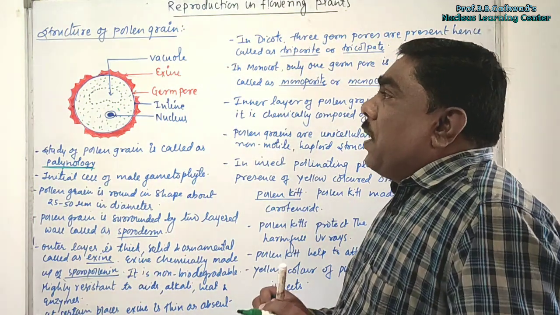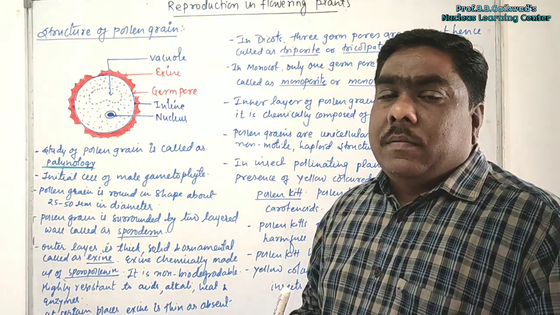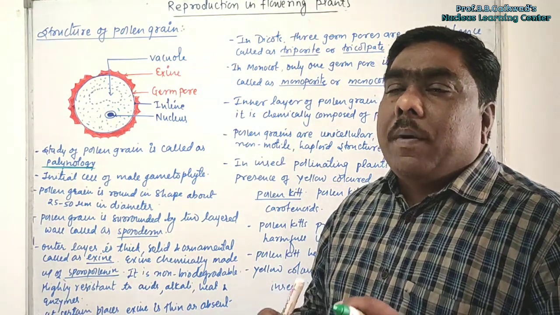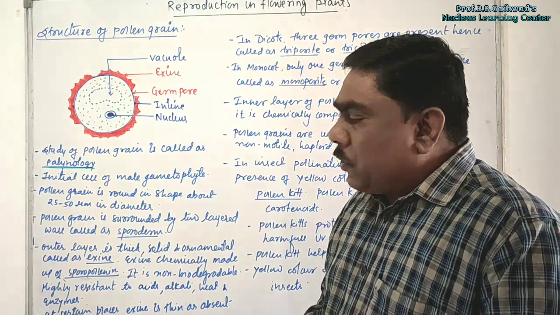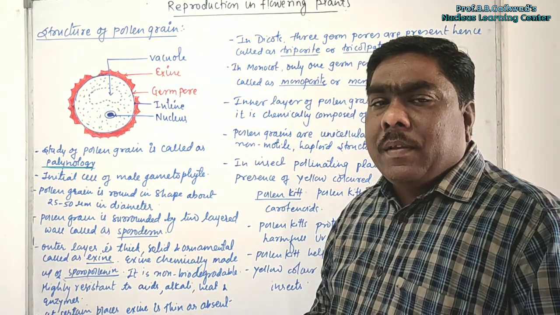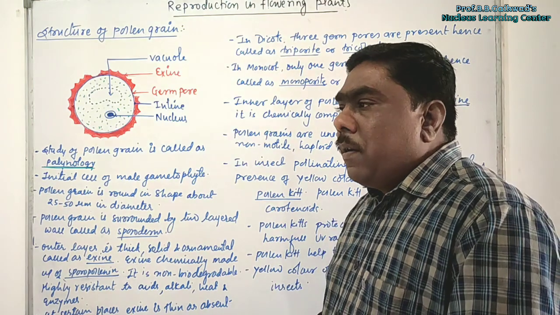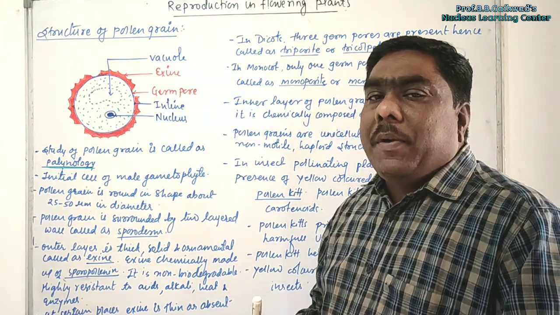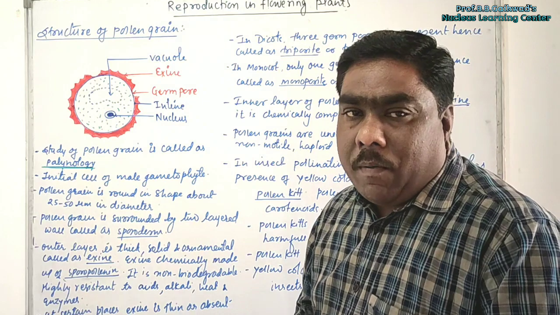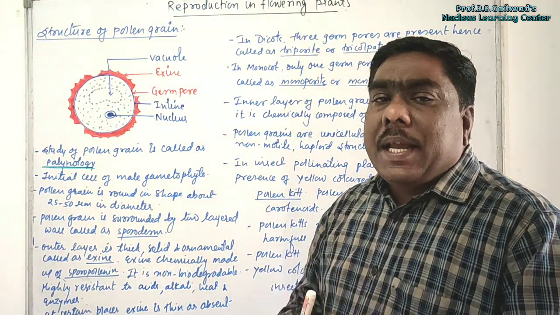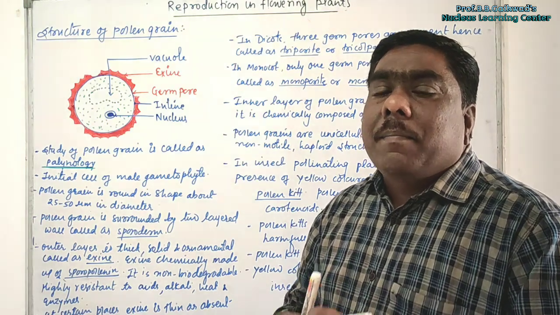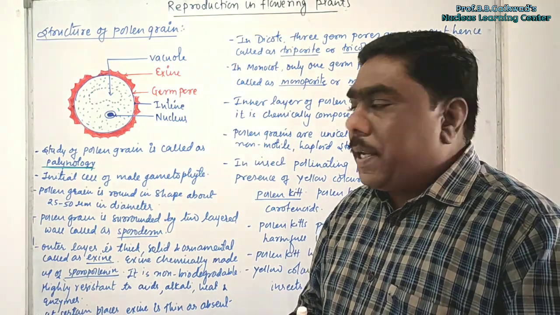Now, this pollen grain acts as an initial cell of the male gametophyte in flowering plants. So it is the first cell from which the mature male gametophyte is going to be formed. This first cell is formed inside the pollen sac by microsporogenesis.